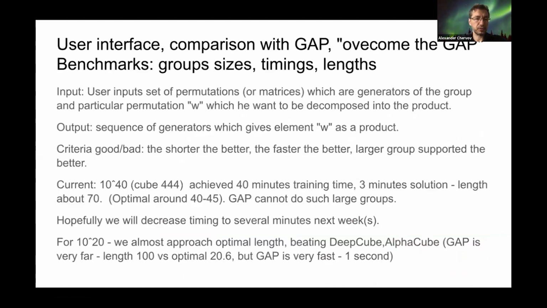So what do we want to do? We want to develop a kind of library which will compete with GAP. This is mathematical computer algebra software, and we want to overcome GAP. This is the slogan: we want to do better. As a user interface, the user inputs explicit permutations or matrices as the generators of the group.